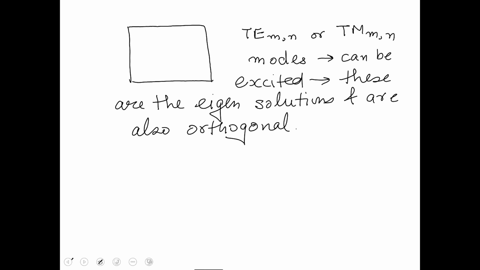There is absolutely no way I can take one mode and represent it as a sum of the other modes. Similarly to your x, y, z axes, which are orthogonal, I can never represent the x direction in terms of y or z. Same thing will happen over here.